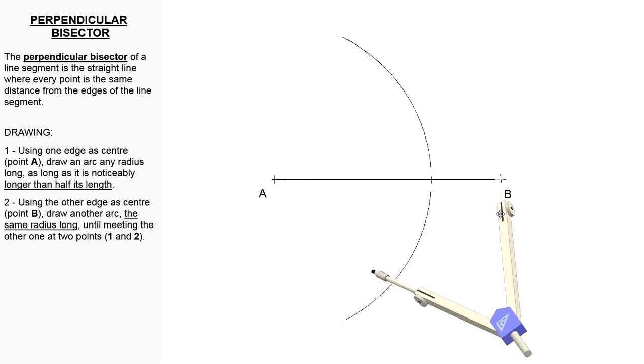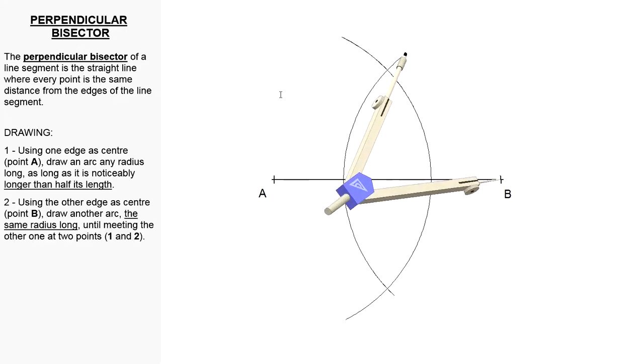Using point B as center and without modifying the length of the compass, we will draw another arc that meets with the former one. They will meet in 2 points, these points 1 and 2, that are at the same time at the same distance from points A and B.